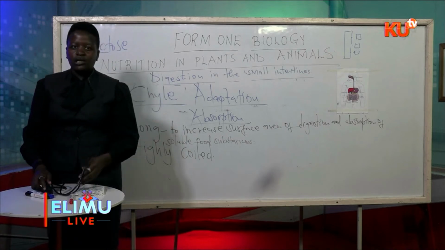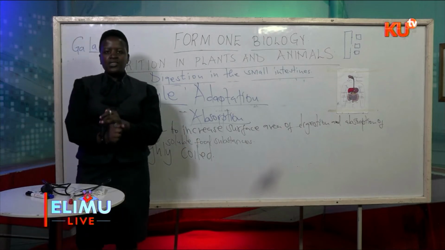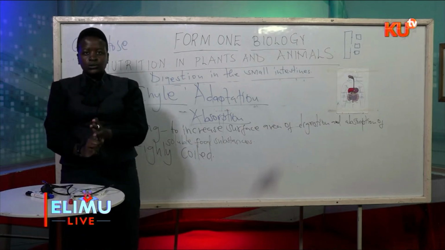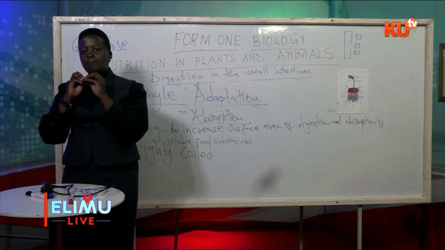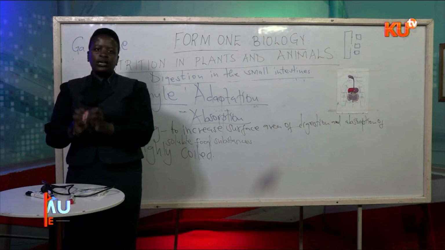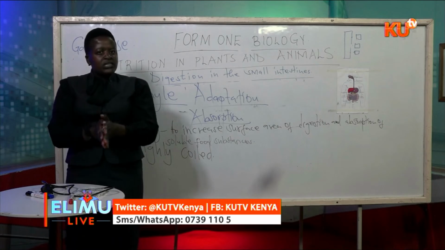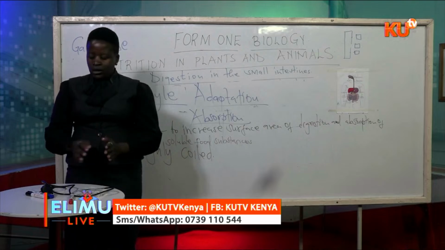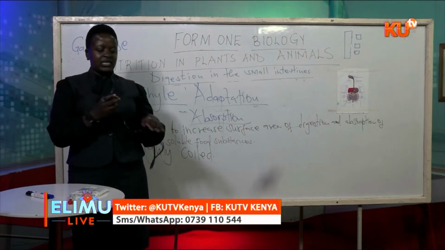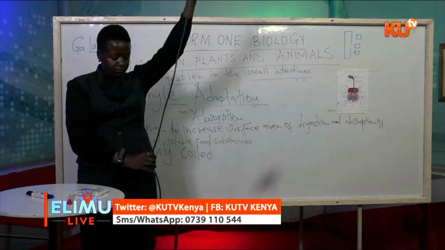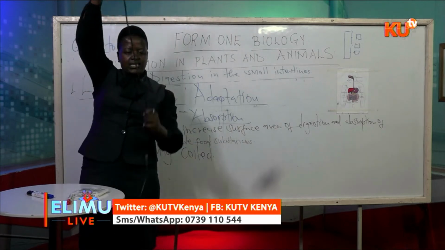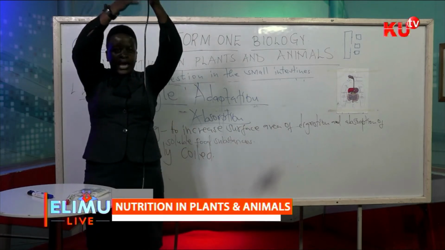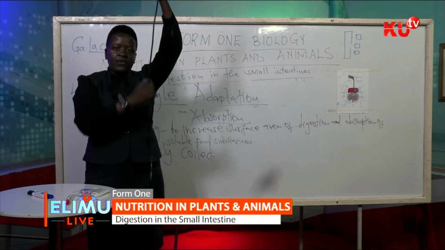They are highly coiled for 2 reasons. Number one, for them to be able to fit into your abdominal cavity. And number 2, to slow down movement of food in order to allow more time for absorption and digestion. If these intestines were not coiled, if I stretch this and I put some water inside, it would flow very fast.